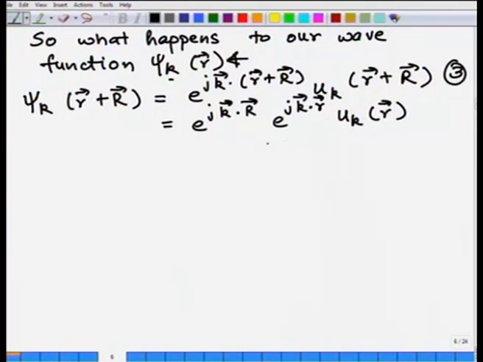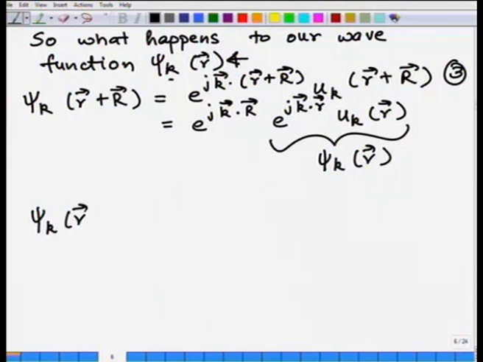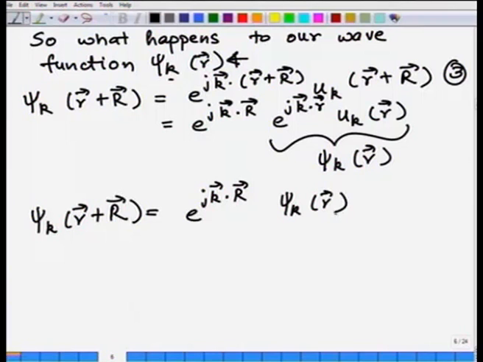Now, what is this quantity equal to? By equation 1, this quantity is simply phi of r. So, therefore, phi of k at r plus R is equal to e to power j k dot R times phi of k at r, and all these are vectors. What does that mean?